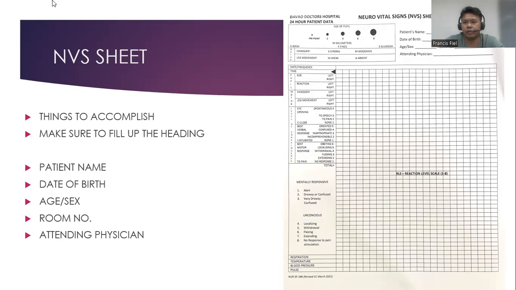I will close my camera so that it won't get in the way of the PowerPoint. So as you can see, there are headers here. You have to answer the headers. Patient name, date, sex, age, room number, and attending physician.